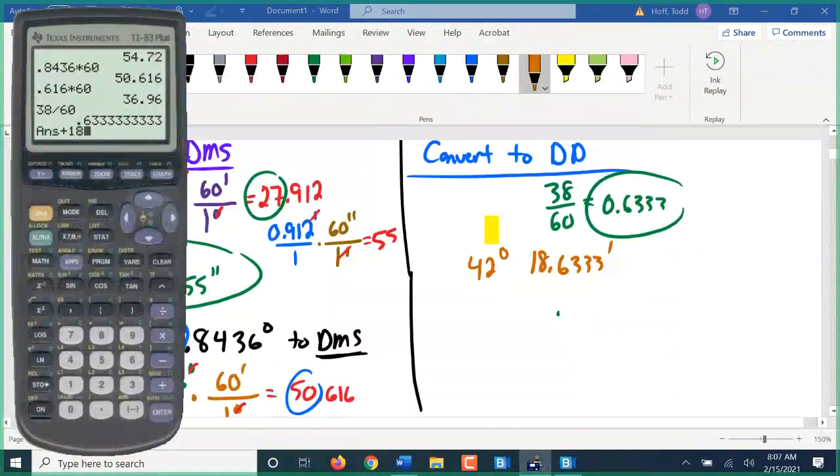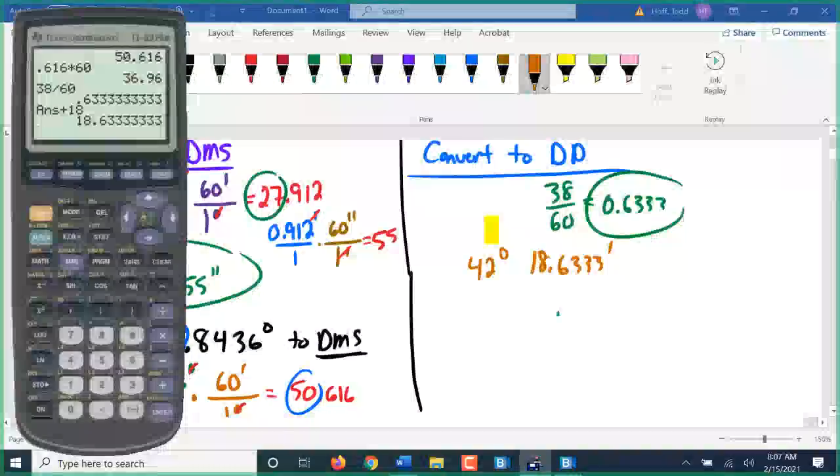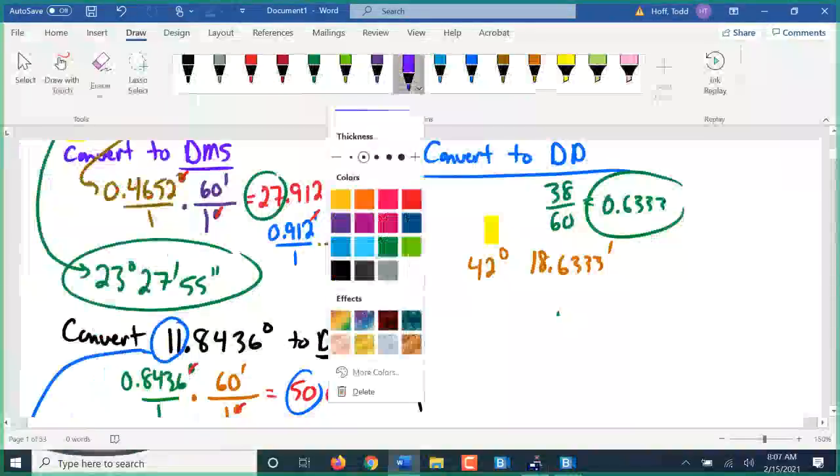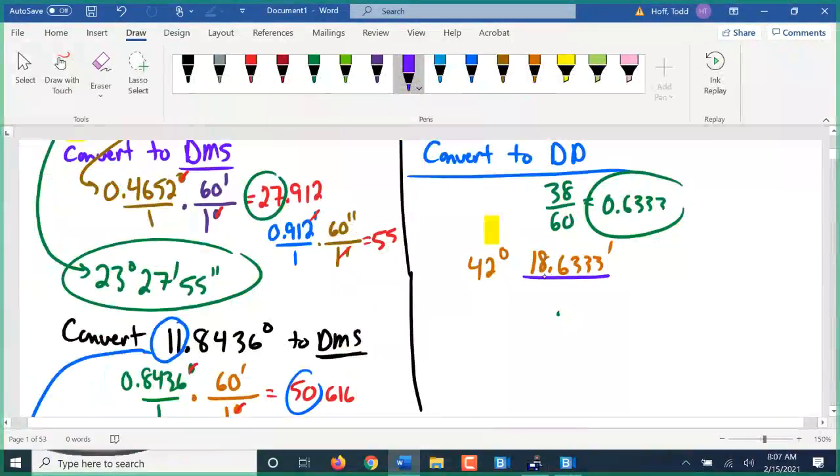So this is mostly happening in the calculator. I add 18 to that to get 18.63333. That's minutes. I still want to add it. I still have the 42 degrees. I need to add that to the degrees. I'm going to take that 18.63333.